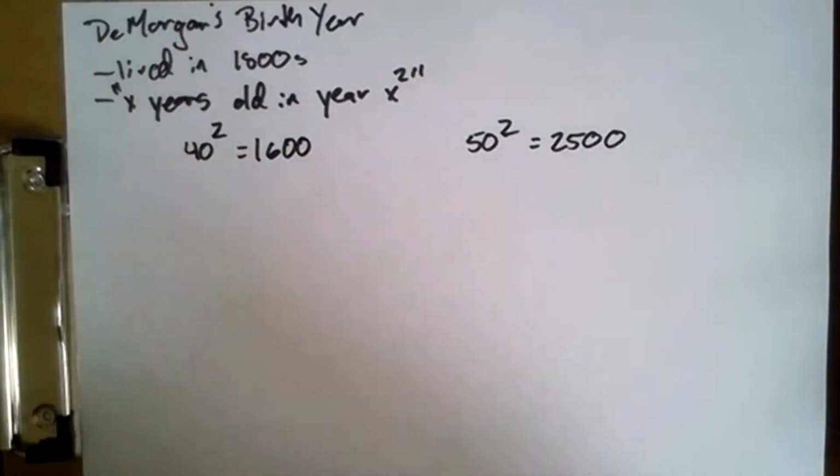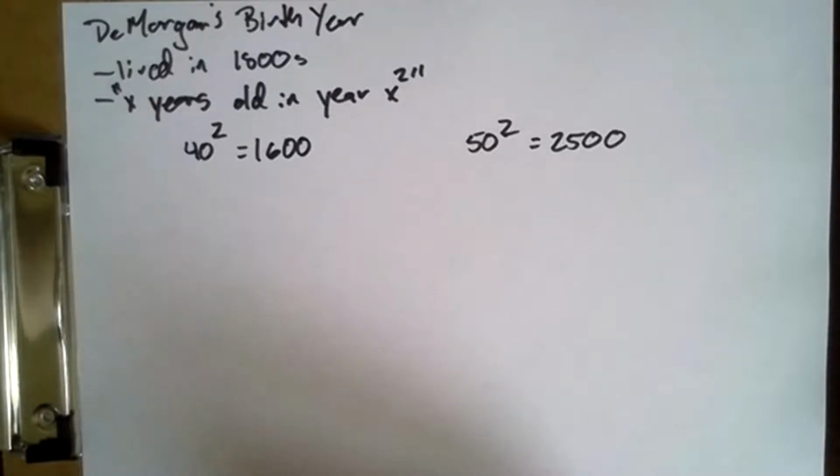Therefore, his age must have been between 40 and 50, because he was X years old in the year X squared. Okay, so now we consider what we want to find: a square number between 1800 and 1899. He was born in the 19th century.